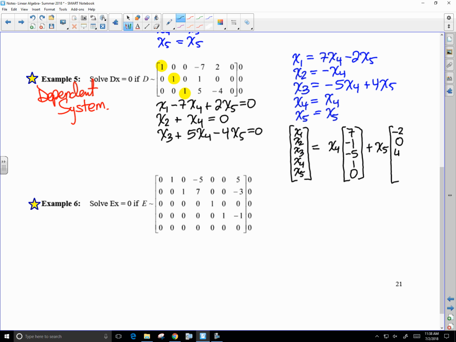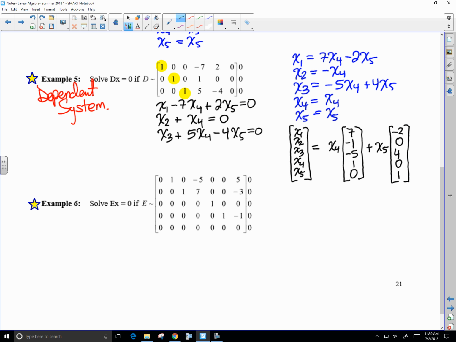Then a 4. Coefficient of 0 for x4, and a coefficient of 1. And so that's our parametric form. Again, a dependent linear system. Whatever x4, x5 are, will dictate what x1, 2, 3 are.